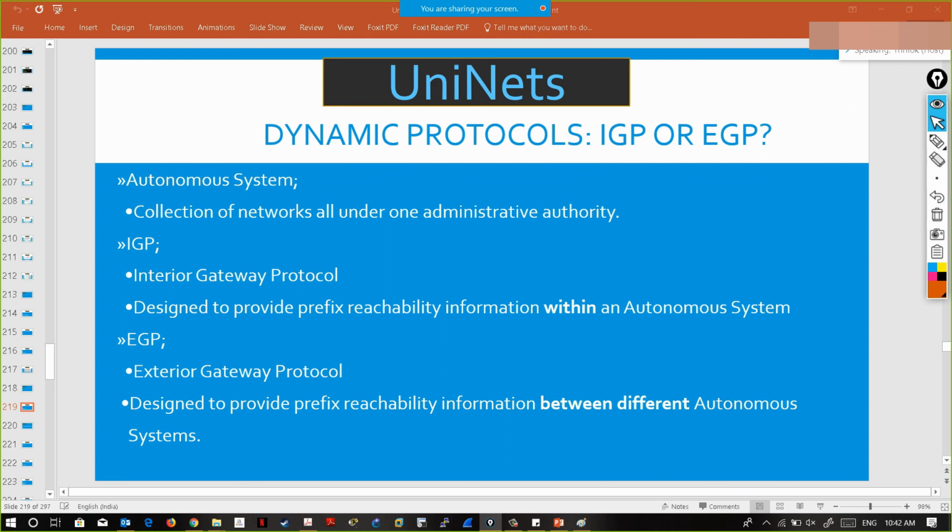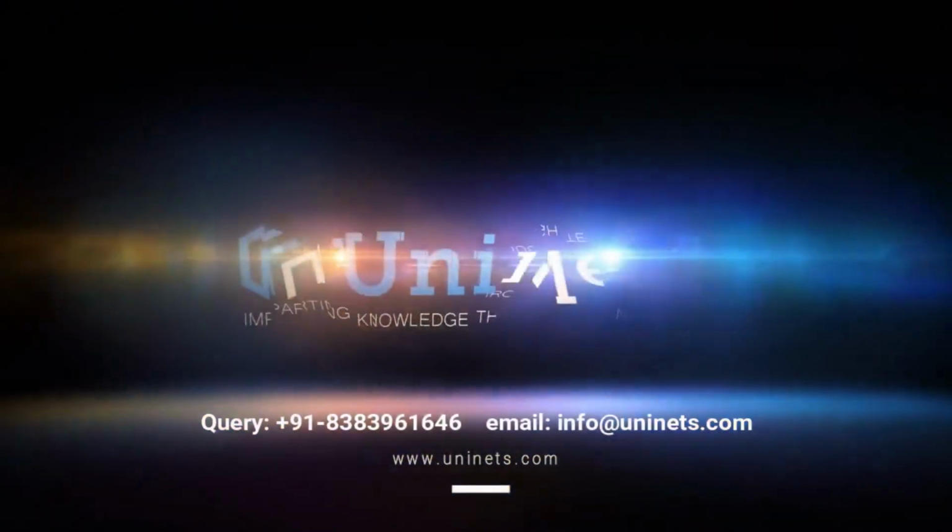The AS number tells that the information belongs to a single administrative authority. An Interior Gateway Protocol is designed to provide prefix reachability information within an autonomous system, whereas an Exterior Gateway Protocol is designed to provide prefix reachability information between different autonomous systems.